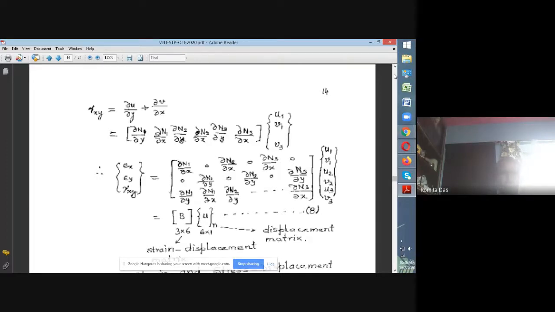This work equivalence is what is known as consistency. You can also put the nodal loads by considering this work equivalence. The work done by the distributed load is equal to the work done by the nodal loads. So that is what is called work equivalent or consistent considerations, or the consistent load vector.